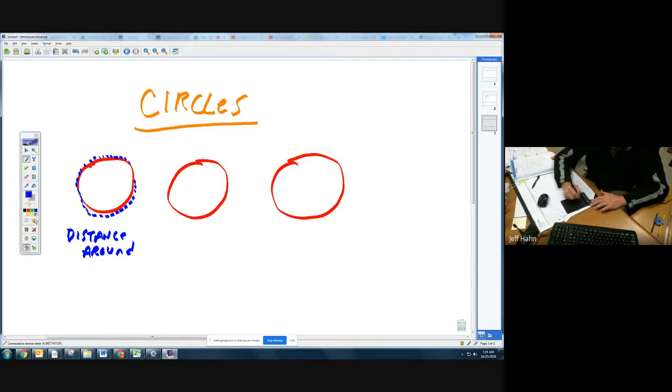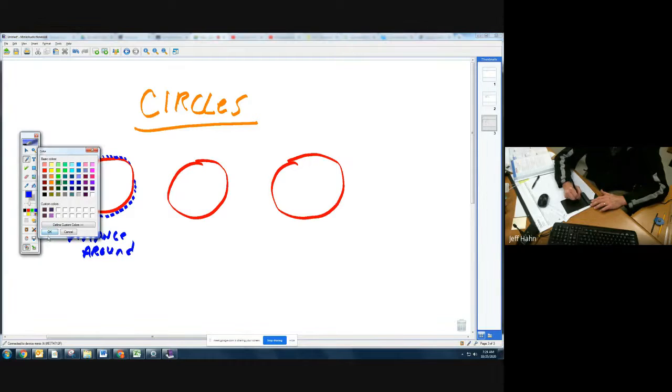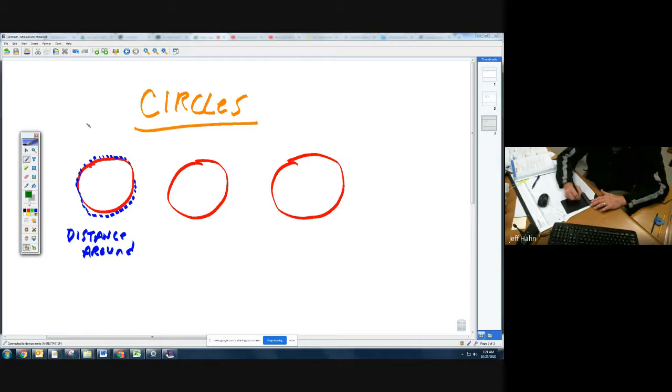The distance around the circle is called its circumference. The circumference is the distance around the circle.